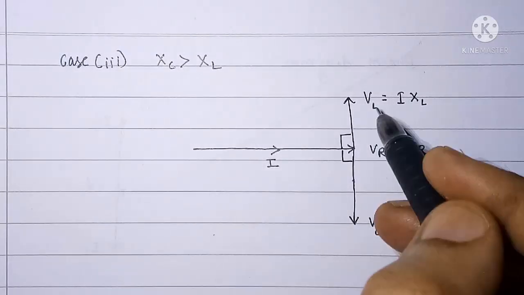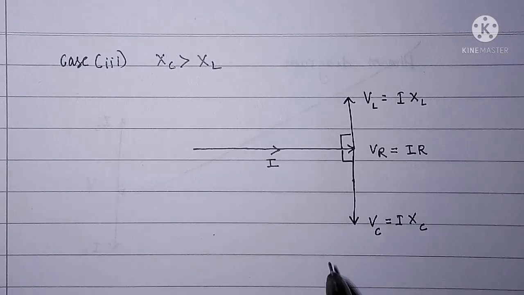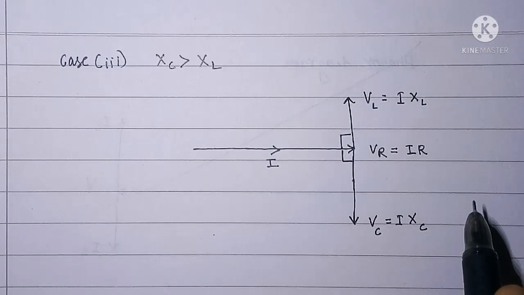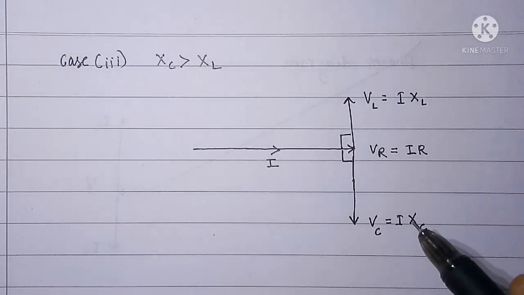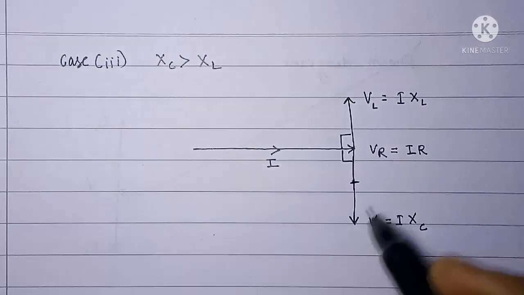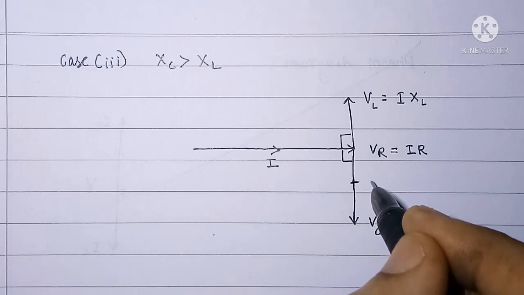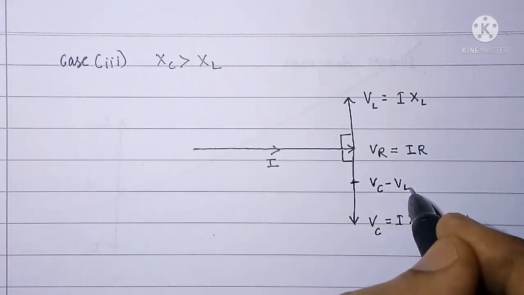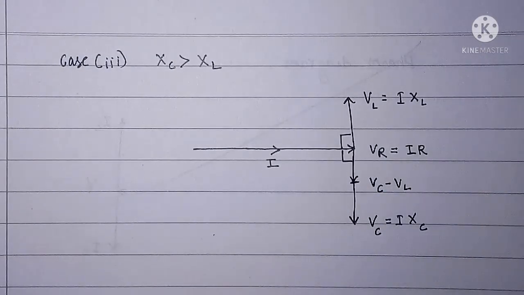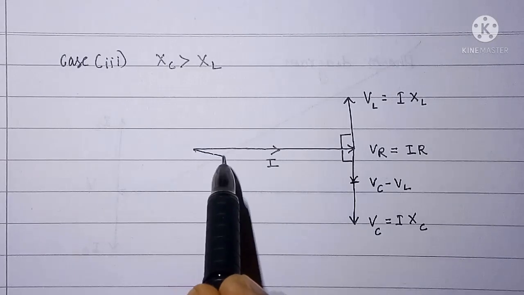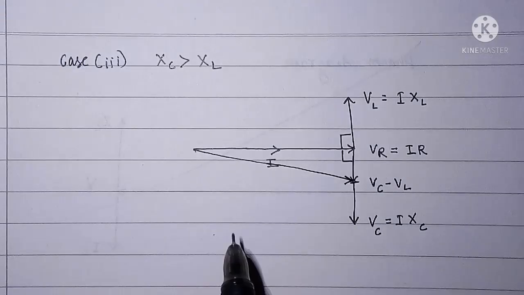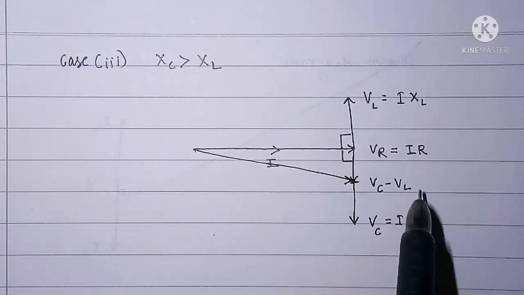Now since VC is greater than VL, VC minus VL will not be equal to 0. Hence we can show here VC minus VL phasor. And supply voltage will be the phasor sum of VR and VC minus VL.